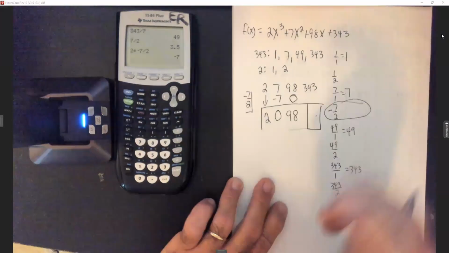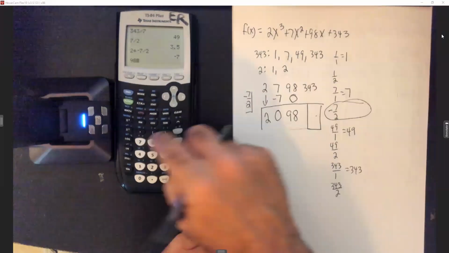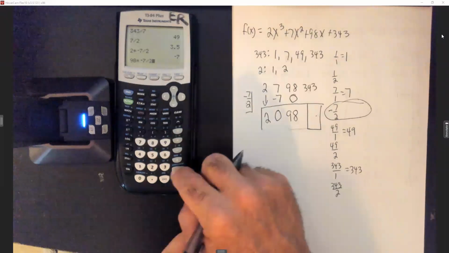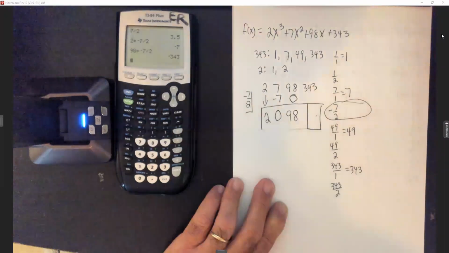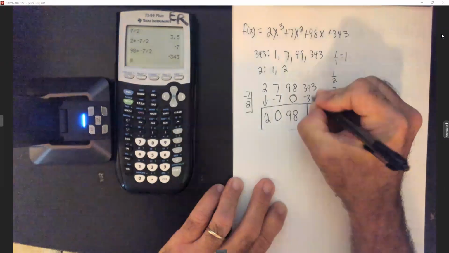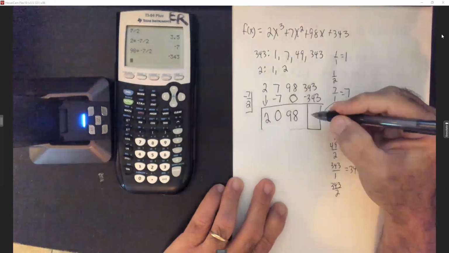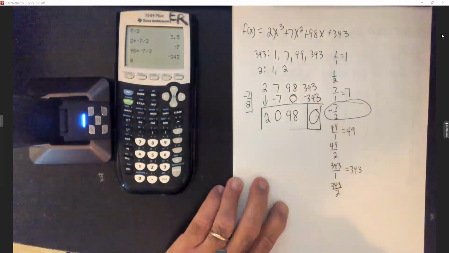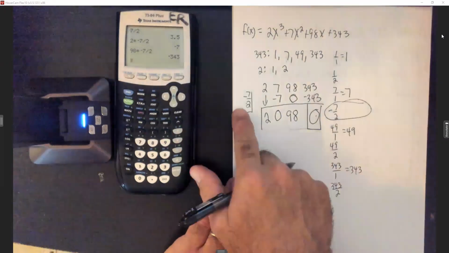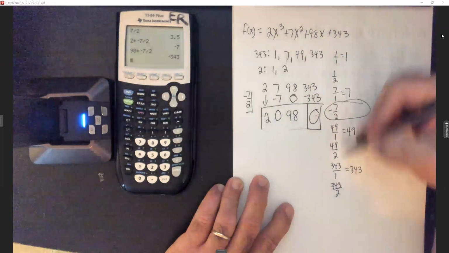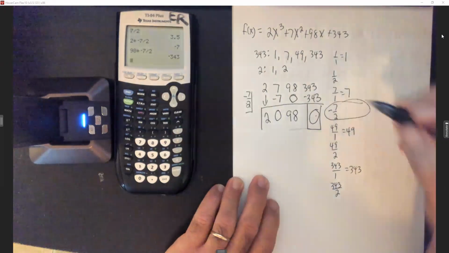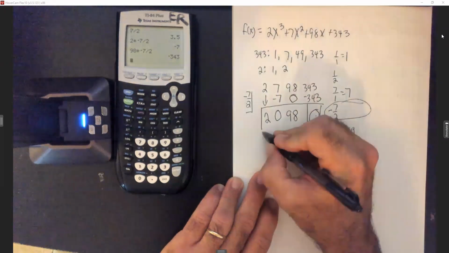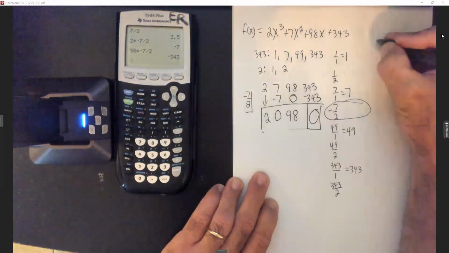And y'all watch this. 98 times -7/2 is -343, which adds to my 343 to give me a remainder of 0. If you pick the wrong 0, you will not get a 0, and you have to find another number to use, okay? Now that I know that was a 0, my first 0 was -7/2.